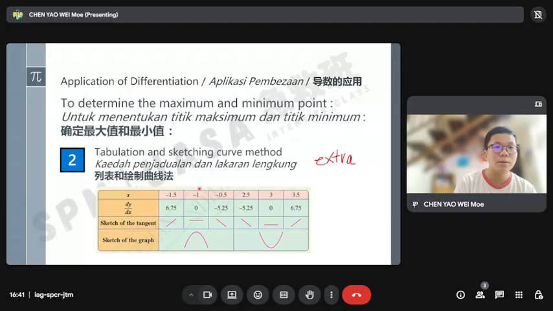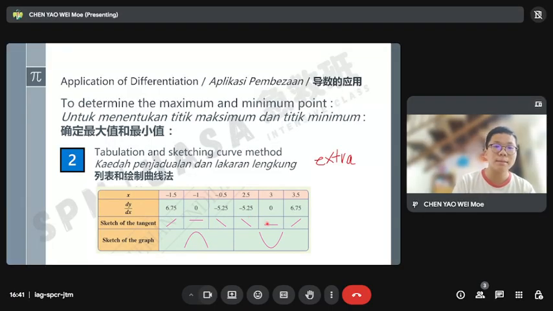What you do, you put the number that is closer to the number you found for x, the closer, larger or lesser, and then you find dy over dx. Once you find dy over dx, check the value. If positive, it goes up. If negative, it goes down. If 0, just put it flat like this and you sketch a graph like this.